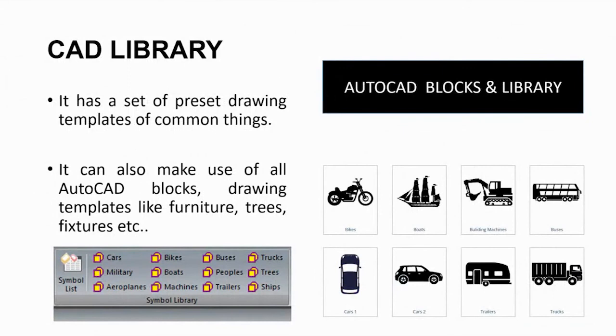And as I have shown, we can incorporate any previous CAD objects or any objects from your previous CAD library into CADdirect. Also, CADdirect has a set of preset drawing templates for common things.